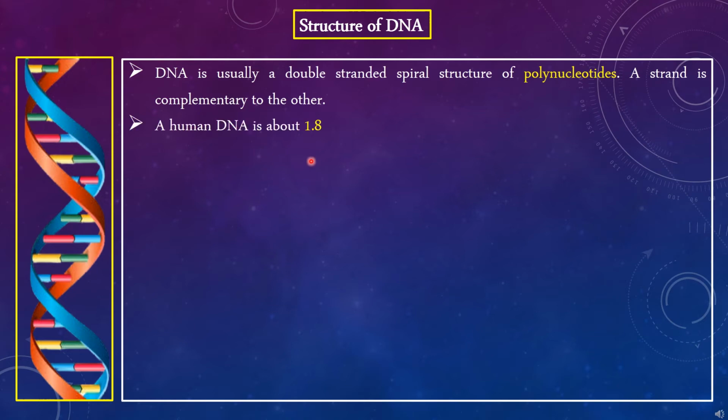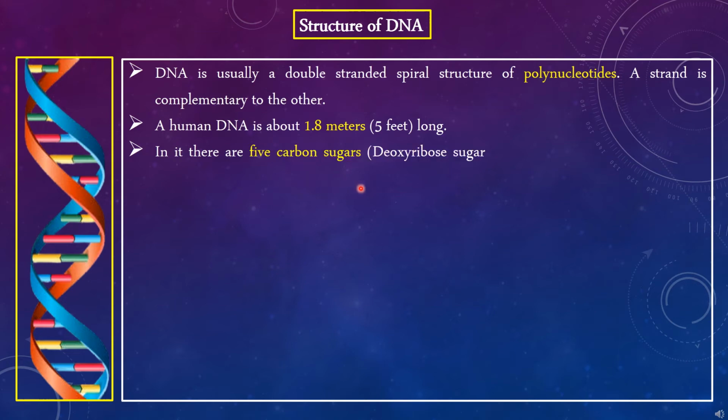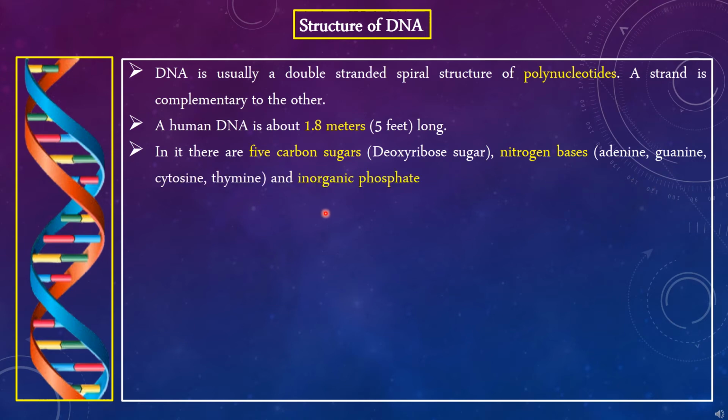A human DNA is about 1.8 meters, that's 5 feet long. So you can consider DNA as a large molecule. In it, there are 5 carbon sugars, deoxyribose sugar, nitrogen bases, adenine, guanine, cytosine, thymine, and inorganic phosphates. These 3 components collectively are called a nucleotide.